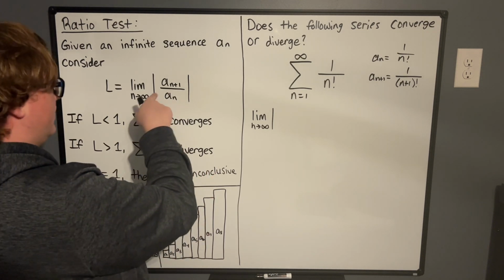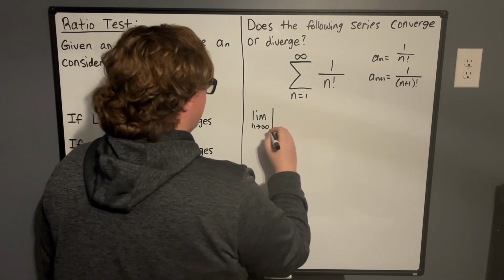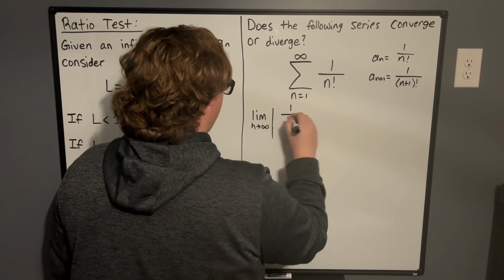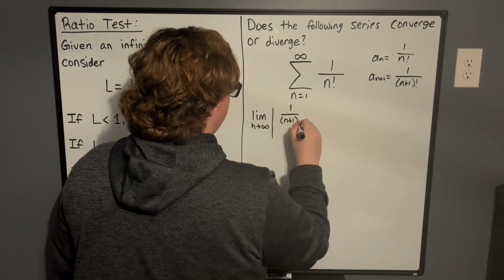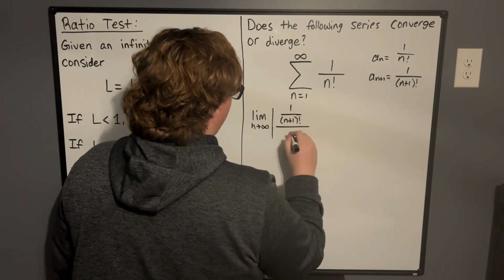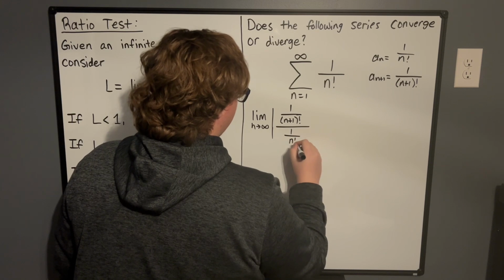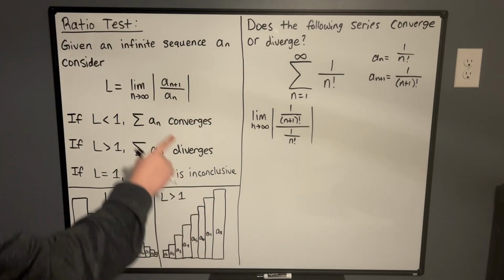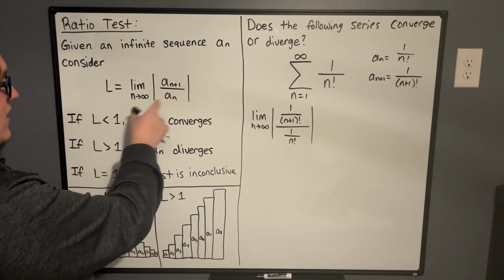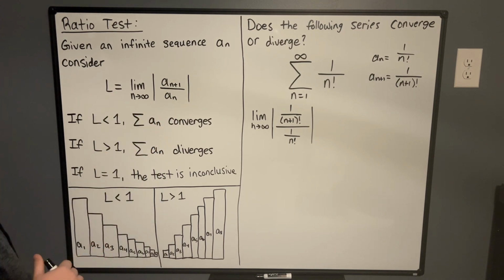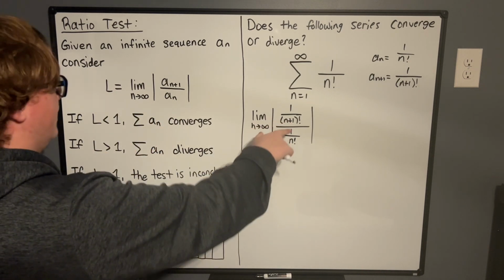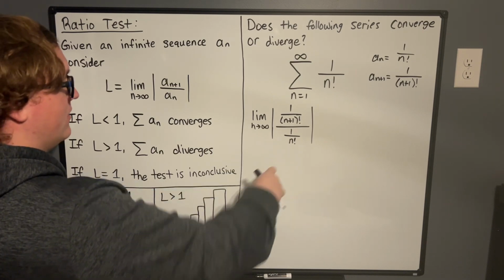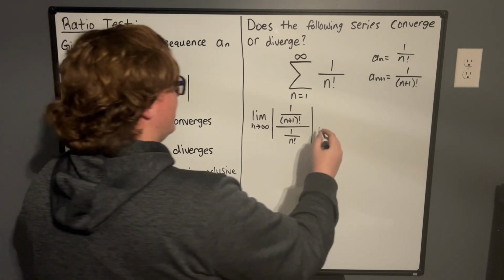Let's write those in this limit. The limit as n goes to infinity of 1 over n plus 1 factorial, over 1 over n factorial. This is L, directly from the ratio test, because I'm plugging in n plus 1 here and just a sub n there.